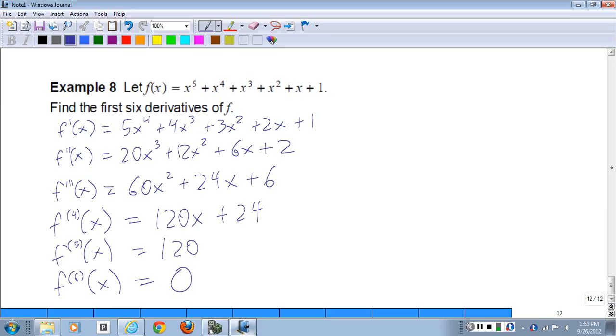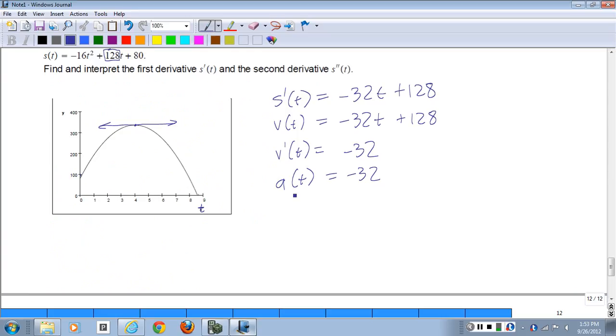Oh, there's a name, as it relates to rectilinear motion, for the third derivative, a prime of t. It would be 0 in this case for the uniform acceleration due to gravity. When we take the fourth derivative, it starts with a j.